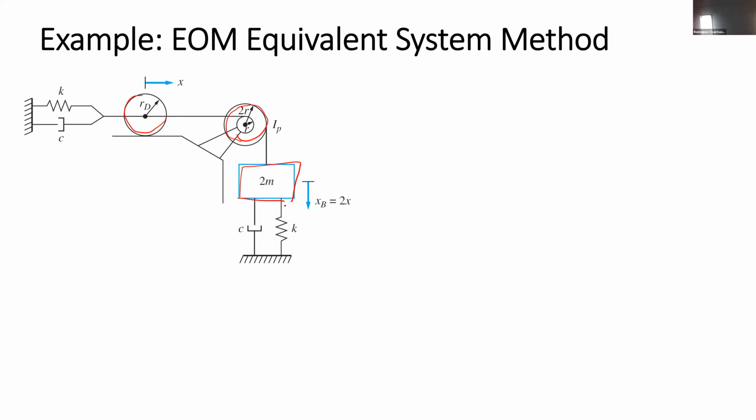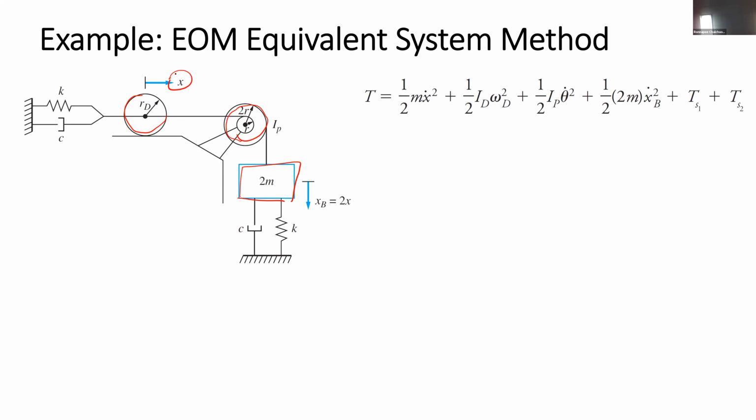We may need to draw free body diagrams of these three components and solve multiple equations to obtain a single degree of freedom, in terms of the single generalized coordinate. It's not easy. So the suggested method is the equivalent system method.